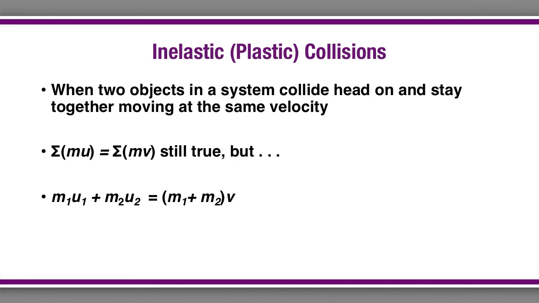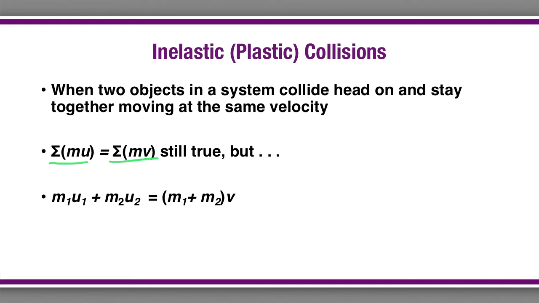On the other hand, in perfectly inelastic collisions, or what's called plastic collisions, momentum is still conserved, but rather than bouncing off one another, objects in a collision stay together after the collision and move together with the same velocity. So we know that the sum of these two momentums is going to remain the same.